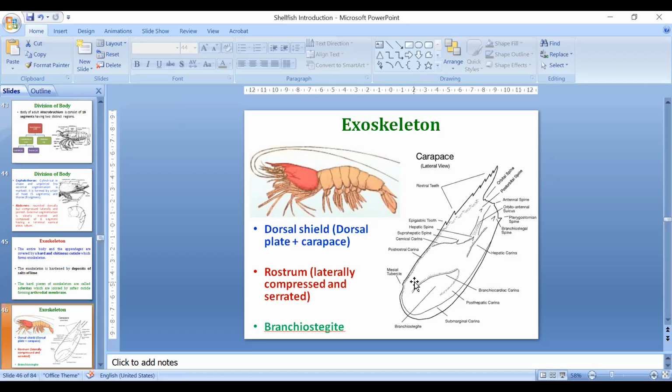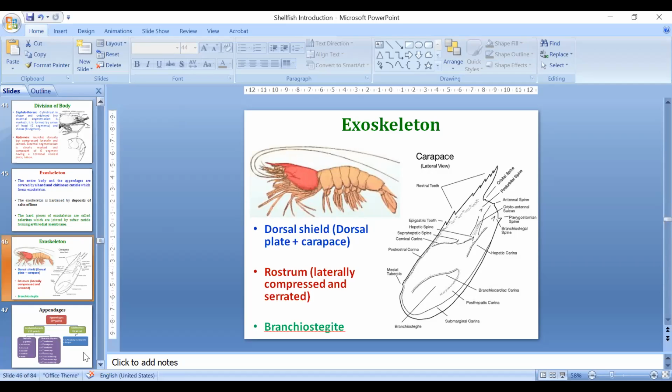This covering of the carapace is known as the branchiostegite. It is the part of the carapace which covers the gill, or in very simple terms, the branchiostegites are gill flaps or gill covers. So this is about the exoskeleton of the prawn.